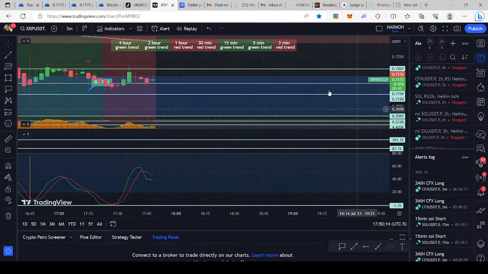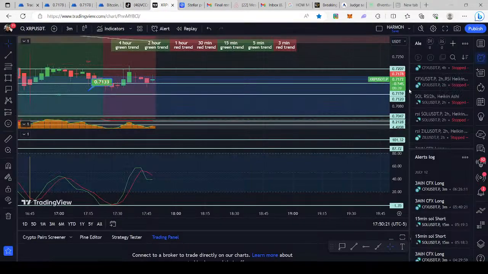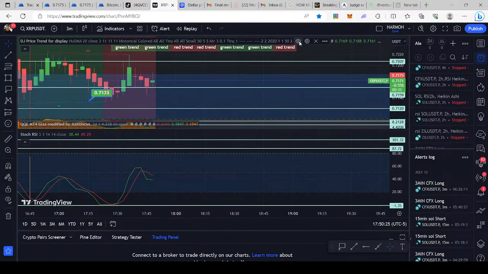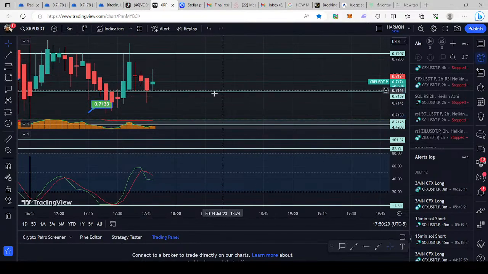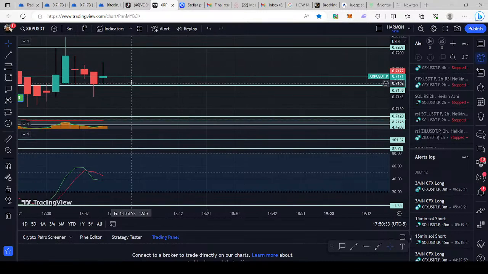Now see here that little hiccup they had. It quickly jumped up and now it's kind of fighting this area here. Let me turn these off real quick. Okay. So now we can see that we touched the 71.61 area. And now when this 3-minute pulls back, this is going to give me a more solid area of what we're looking for.